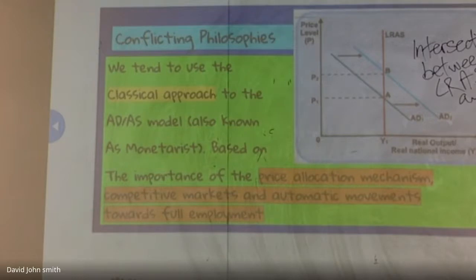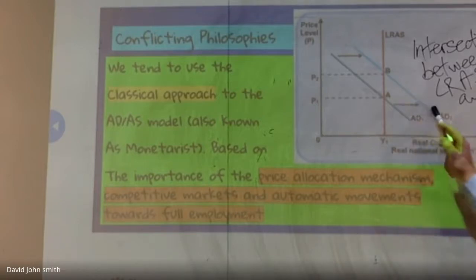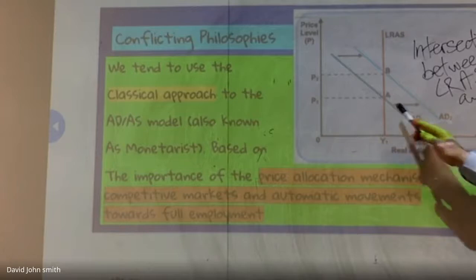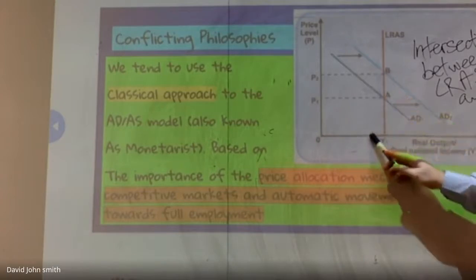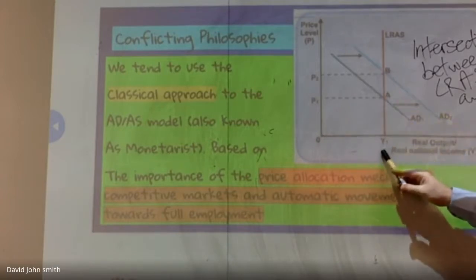The closer you are to full employment, in the long run, the more expensive those extra resources are going to become. So you keep pushing your foot on the accelerator in the economy. You keep pushing and you keep pushing, and the costs are going to rise. Because there's only so many people, so many resources.